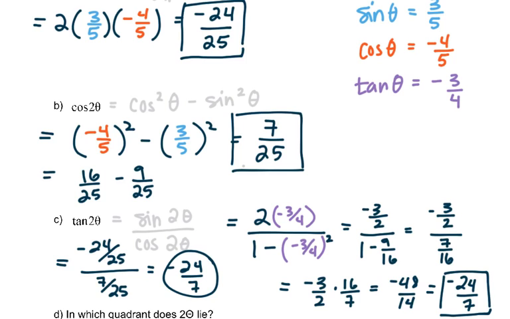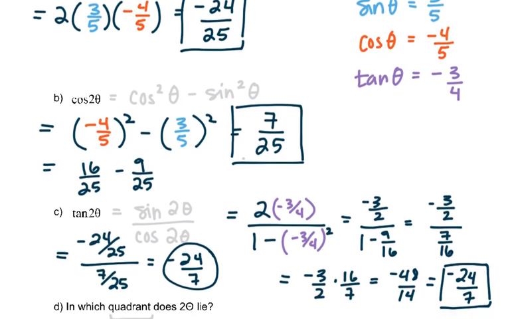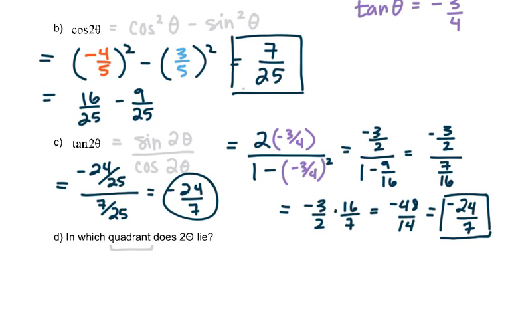So we found 3 double angle values, and for the last part of this problem, we want to know where does 2 theta lie? We knew theta was in quadrant 2, and maybe the smallest reasonable angle in quadrant 2 might be 91.